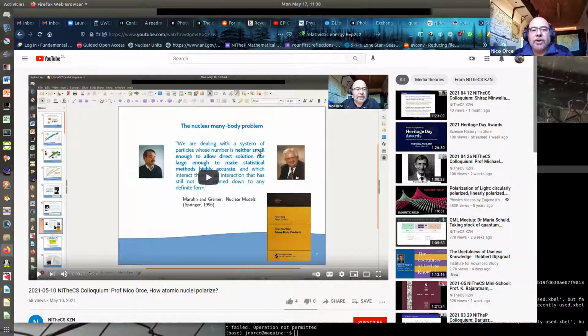You're not going to solve the Schrodinger equation from first principles, as it is called, for a system as large as, say, oxygen 16, without using approximations and different tricks. Nor are they large enough to make statistical methods highly accurate. To apply statistics, you need lots of numbers, and the nucleus has too small a number of protons and neutrons for any statistical method to be highly accurate. And more importantly, it interacts through an interaction that is still not pinned down to any definite form, right?